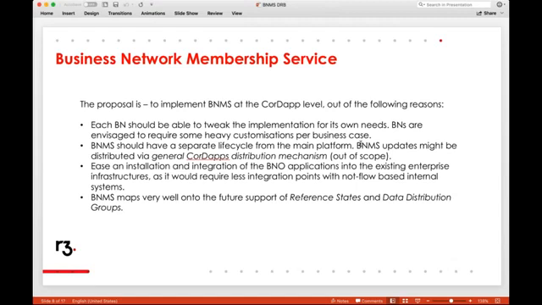Once someone installs a Corda node, it's really easy to install new applications onto it without having to certify any other technologies, for example, if you were to choose to serve the memberships via some HTTP web server. Also, the proposed architecture of the membership service maps very well into the future support of reference state and data distribution groups. I will talk about this a bit later.